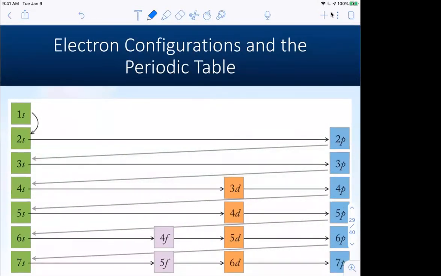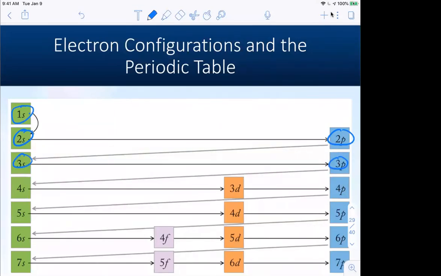Now, it's really easy to derive electron configurations using the periodic table if I look at where these electrons are located. 1s fills first, then 2s, then 2p. Once that's filled, I go down to 3s, then 3p.